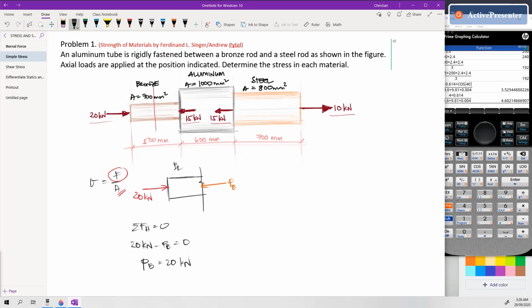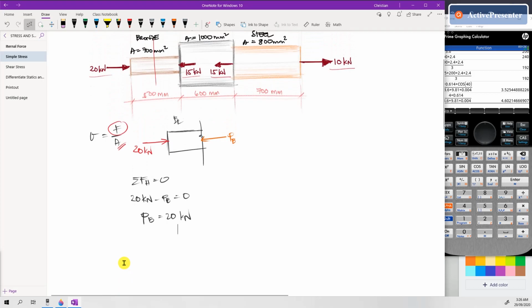Okay, then solving for stress. So stress sa bronze is equal to, pwedeng ano, no? Yung units natin kasi depends on anong unit nung stress na gagamitin. Kasi di ba stress normally is in Pascal or kilopascal or megapascal and even gigapascal.